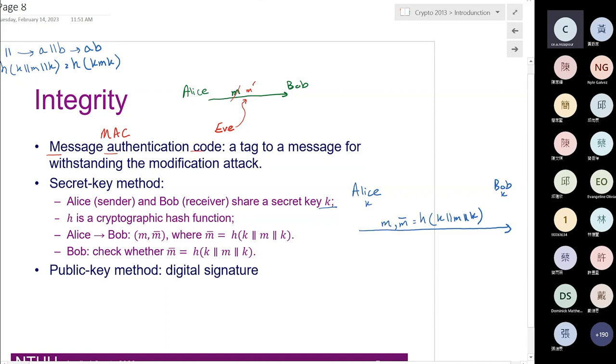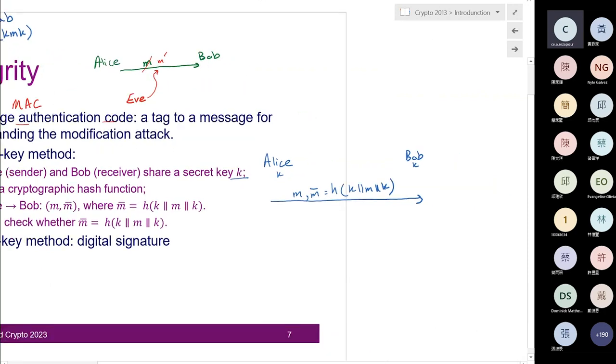So no matter how small or large this message is, it would always become 160 bits. So from a communication perspective, we are just sending an extra 160 bits for any large or small message that we transmit, and that is acceptable.